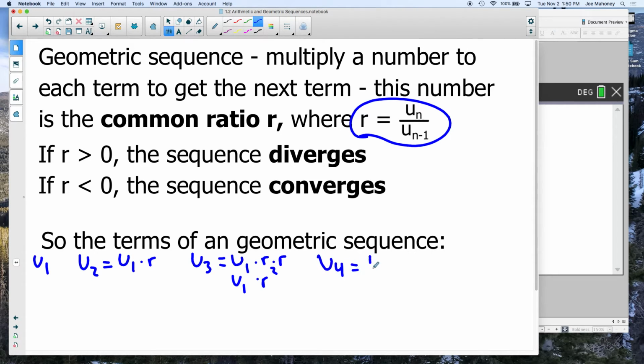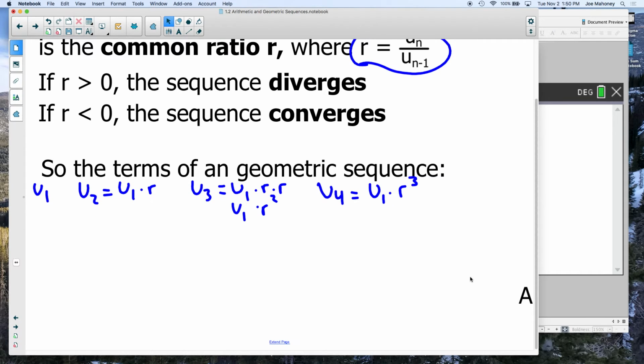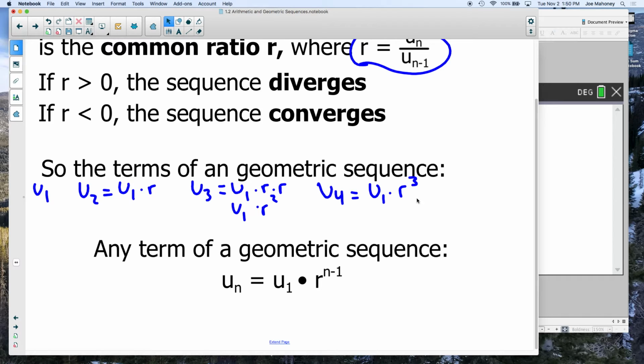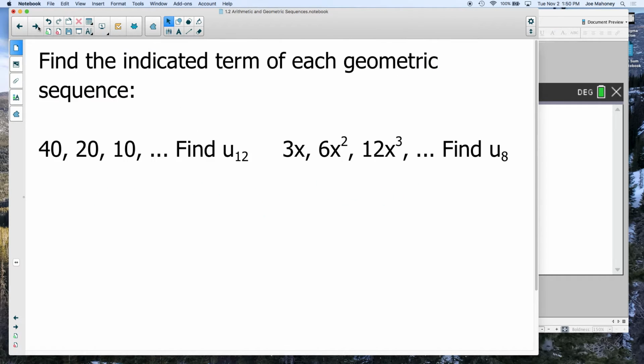Then the fourth term is the first term times the ratio cubed. So for any geometric sequence, this is how we can find our specific terms. So let's play with a couple.